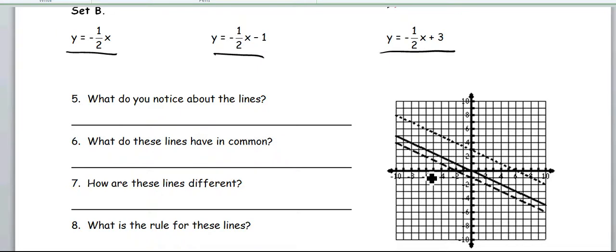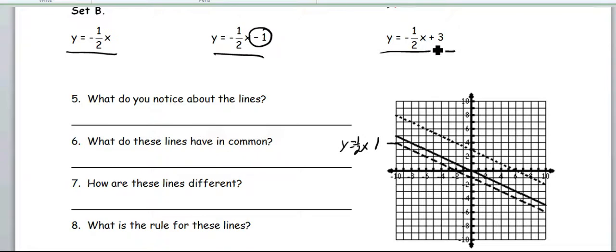I'll tell you the way you can do this. If we look at this line here, we see where it crosses the y-axis. It crosses the y-axis at -1. So I'm looking for a constant that is -1. So I know this is y equals -1/2 x minus 1. This crosses the y-axis at 0.